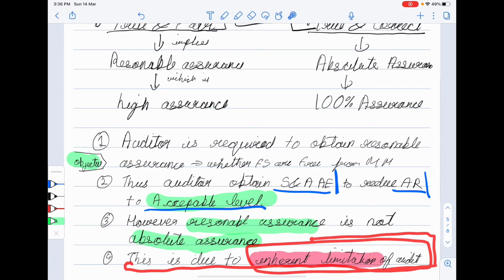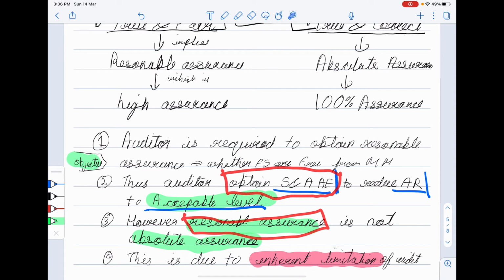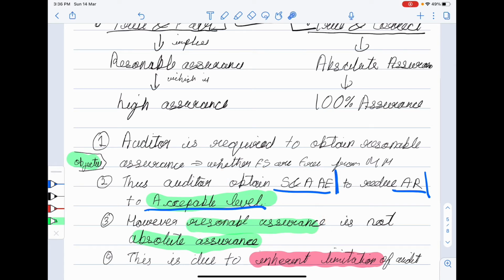Due to these limitations, we cannot get absolute assurance, so we give reasonable assurance.